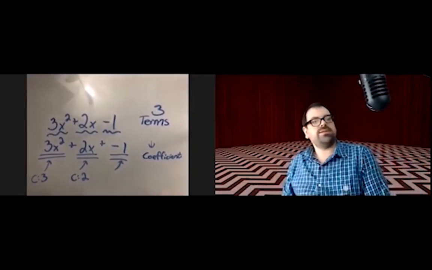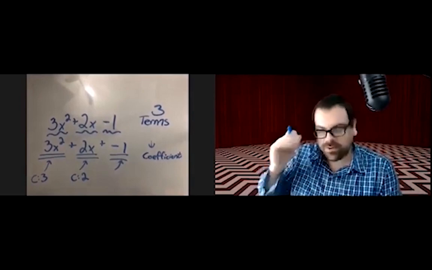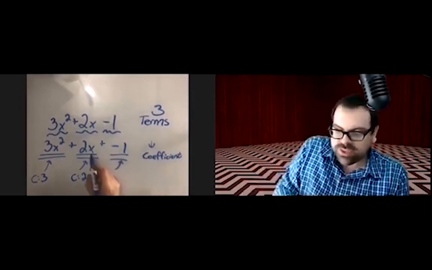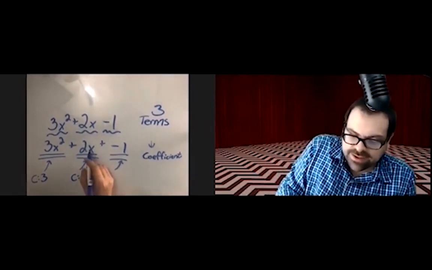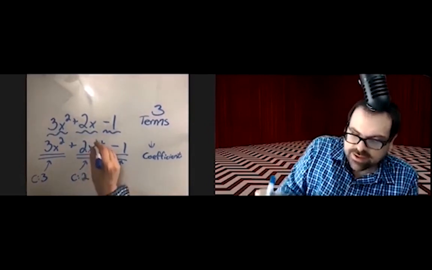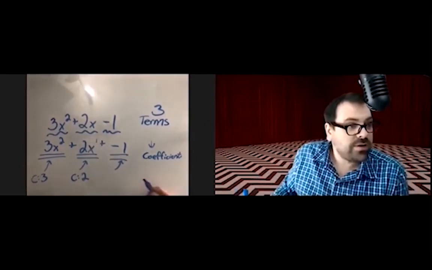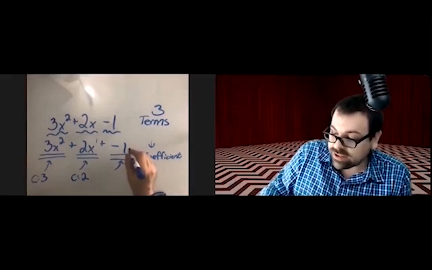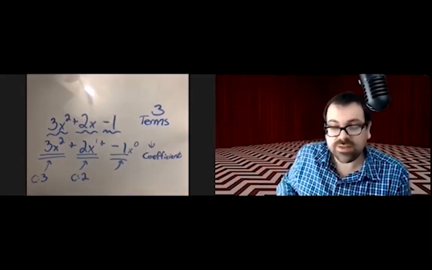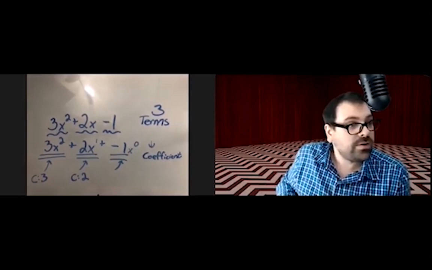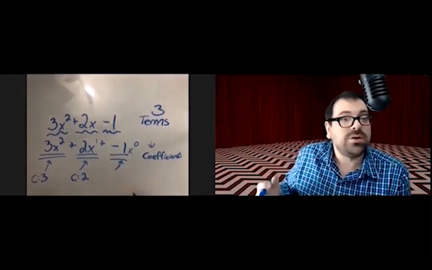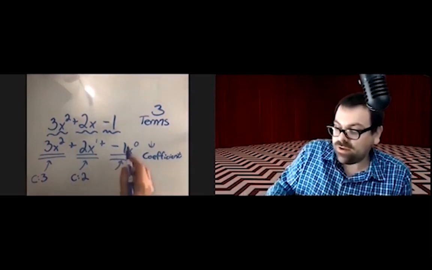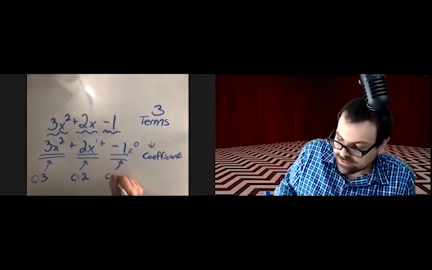Here, we don't have an x. What does that mean? Well, just like having just a single x is x to the first power, having no x at all is like having x to the 0 power. And now what's the number in front of the x to the 0? It's a -1.